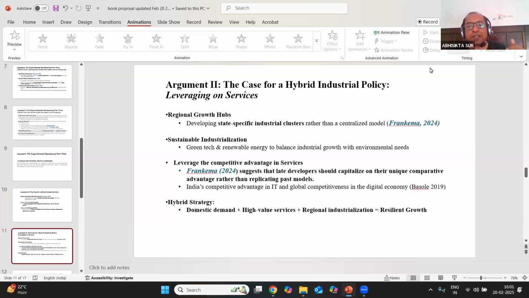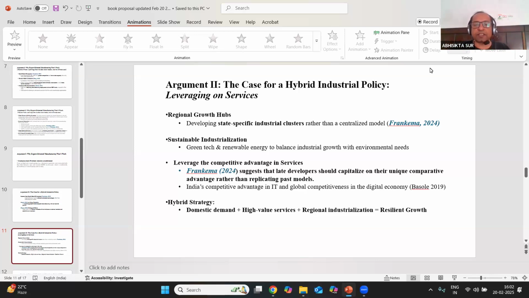To build on this, sir, what we are trying to say is that we are developing state-specific industrial clusters, which was also highlighted by the Frankema 2024 paper, along with green tech and renewable energy. Moreover, sir, the Frankema paper says that late developers should capitalize on their unique comparative advantage, which India clearly has in services compared to manufacturing, which I will outline in one slide here.